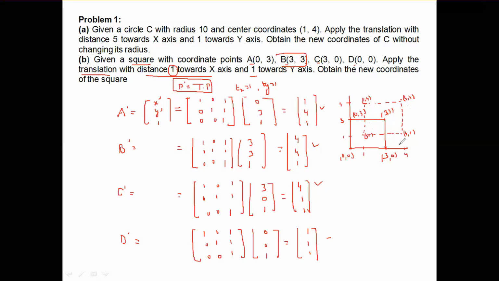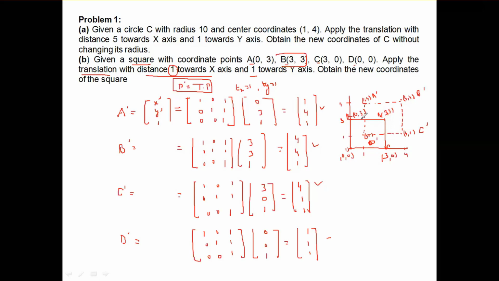So this square is shifted from these coordinates A, B, C and D. The new coordinates are A dash, B dash, C dash, and this one is D dash. So this square is translated by 1 unit in the x direction and y direction.